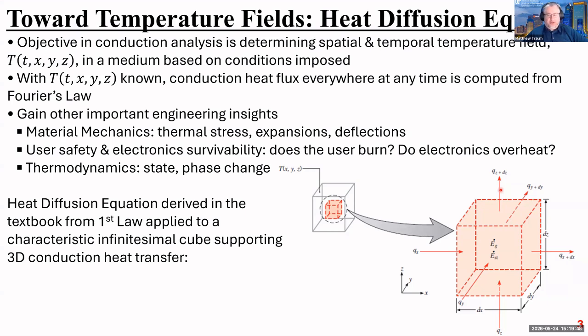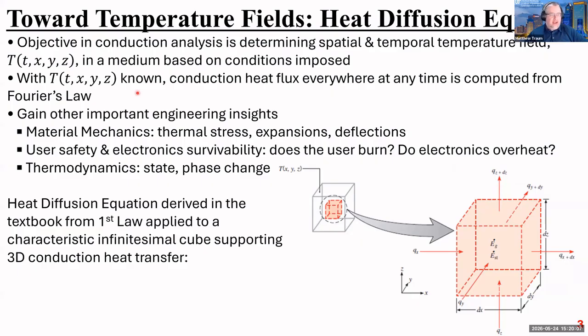Where we are going in the second part of chapter two is to get to the heat diffusion equation, which is an equation in spatial and temporal x, y, z, and t coordinates for the temperature field. Once you have the temperature field, you could basically solve for the heat flux anywhere.